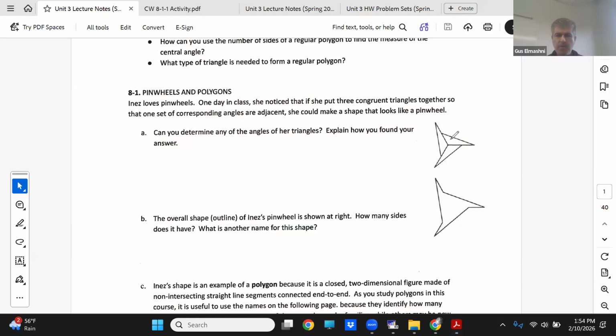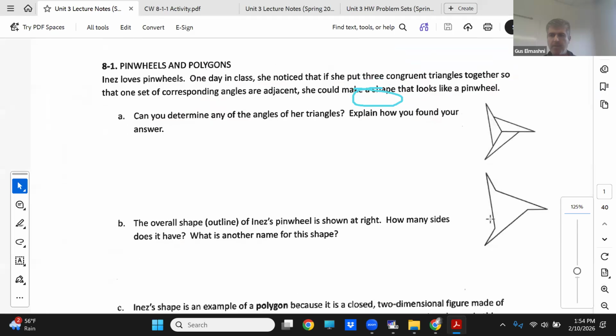Can you determine any of the angles in a triangle? First of all, these are congruent triangles, right? Let's back up here a little bit. It says congruent. And actually, you'll have that in front of you as well because you're going to be cutting out these triangles. Let me zoom in because it's kind of hard to see.